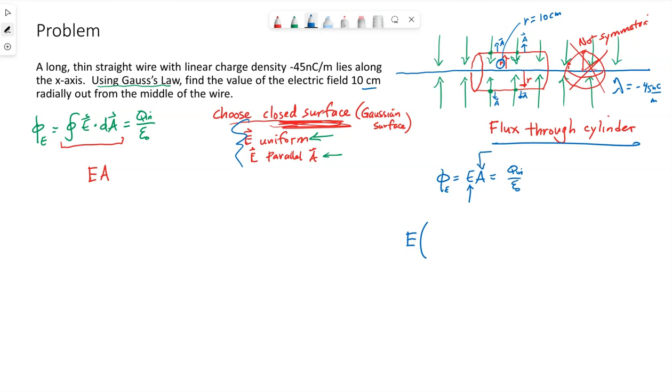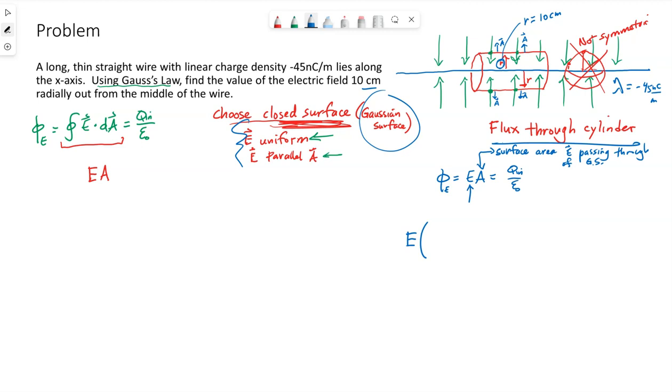This A is always the surface area the electric field lines are passing through. And it's specifically the surface area of the Gaussian surface, the closed surface. So that is the cylinder that I chose to have the symmetry.